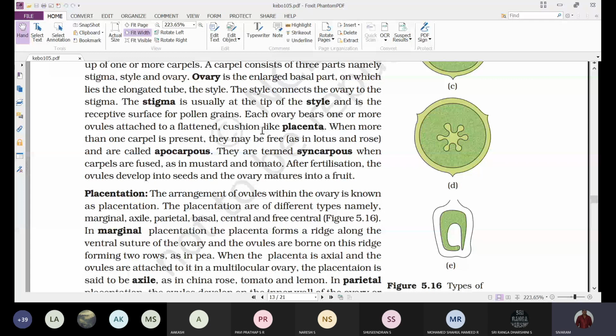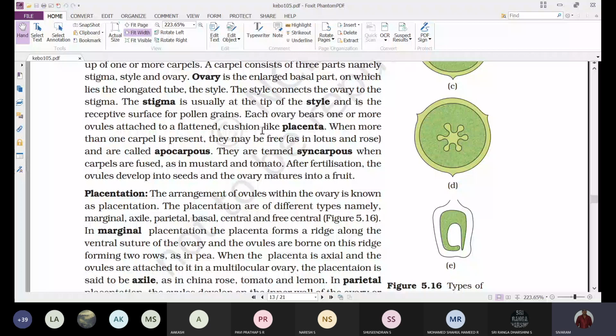If the gynoecium is formed by the fusion of two or more carpels, we call it syncarpous. If two carpels are fused, it is bicarpellary syncarpous. If three carpels are fused, tricarpellary syncarpous. If four, tetracarpellary syncarpous, and five, pentacarpellary syncarpous. More than five, we call it multicarpellary syncarpous. That is if they are fused.